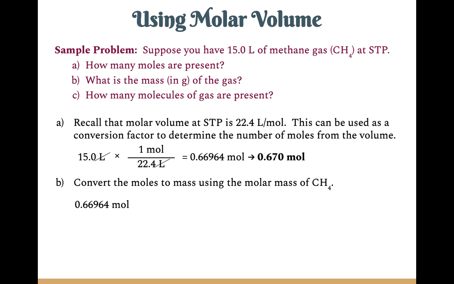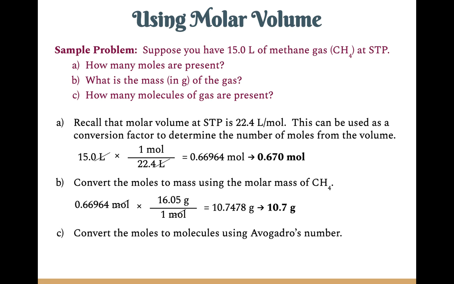So we take the moles that we calculated in A, the non-rounded answer, and we're going to convert that to mass using the molar mass of CH4, which you can calculate to be 16.05 grams. When you multiply those together, you find that there are 10.7 grams of methane gas in 15 liters.